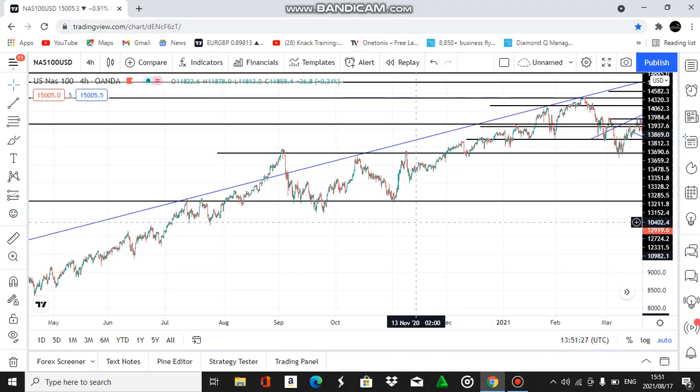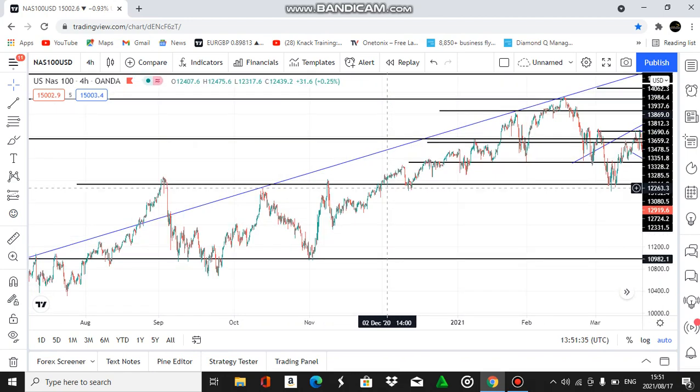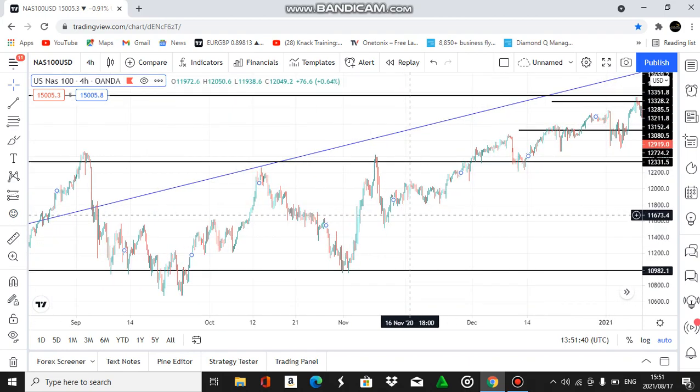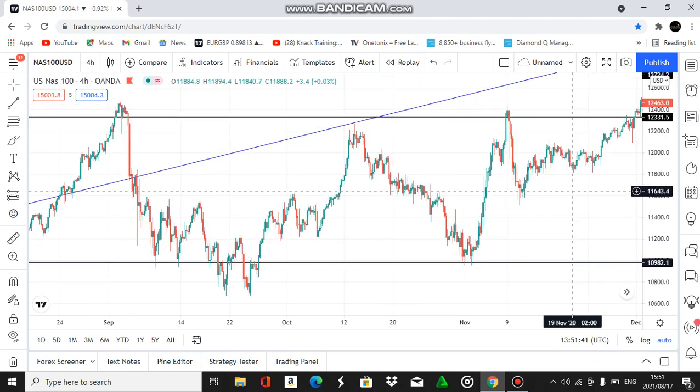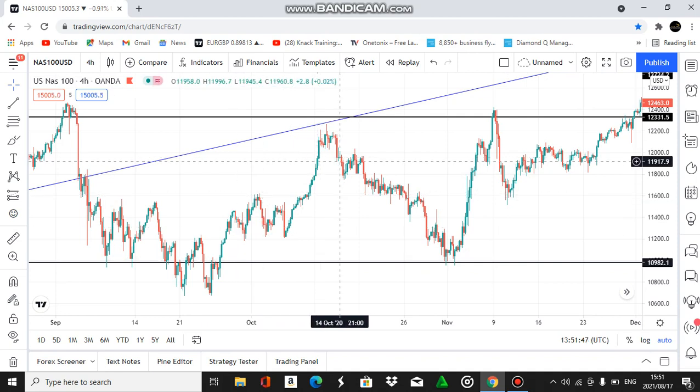Okay, I have another example of the bullish flag and the bearish flag. Nasdaq has a lot of these things, so let me zoom in. Remember, I said on your right hand side you will find these numbers. These numbers are not just numbers.